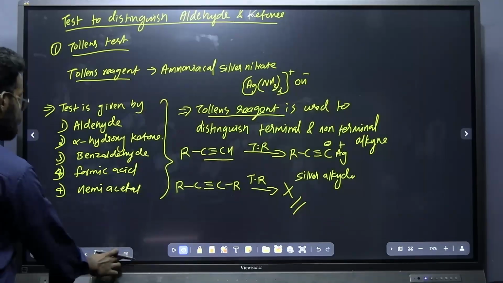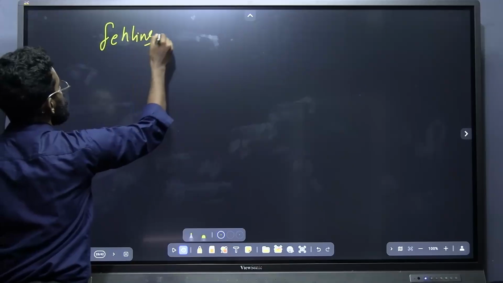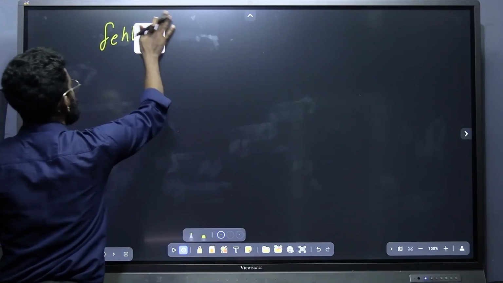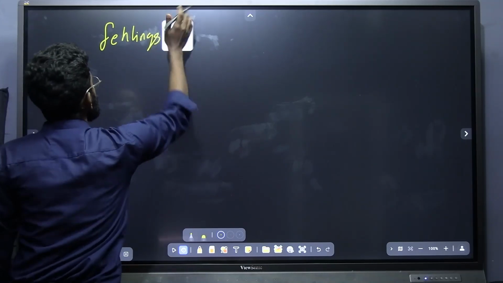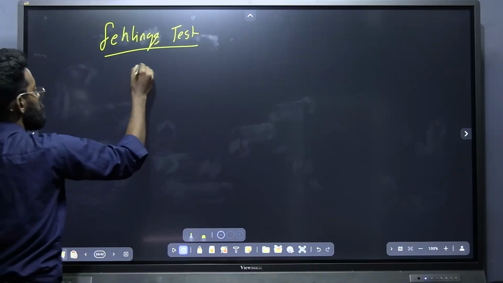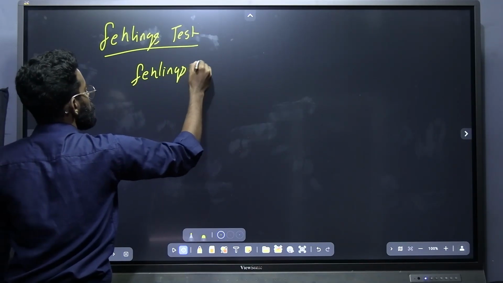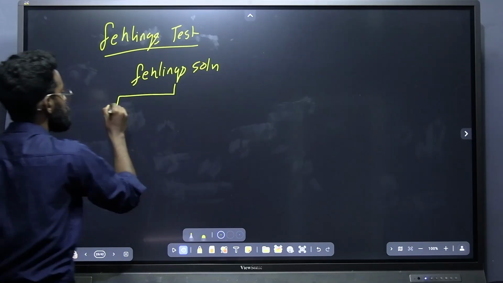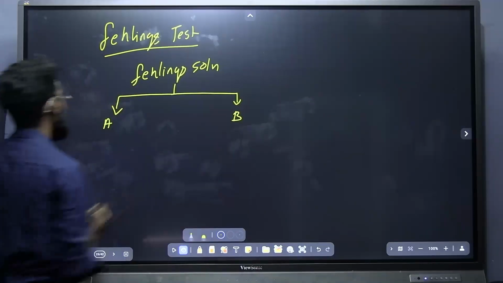Okay, next one is Fehling's solution or Fehling's test. First of all, there are two Fehling's solutions, Fehling solution A and Fehling solution B. A means what?